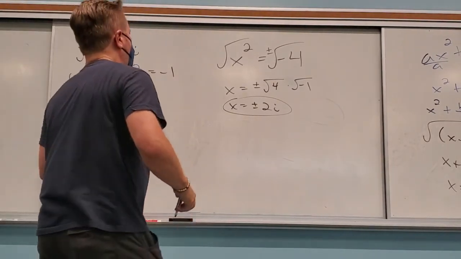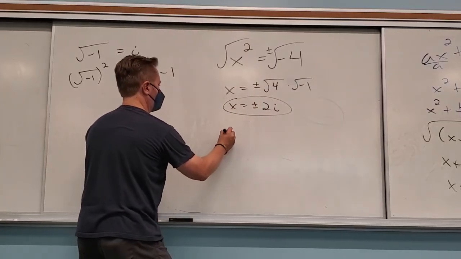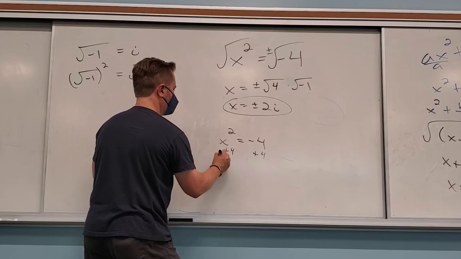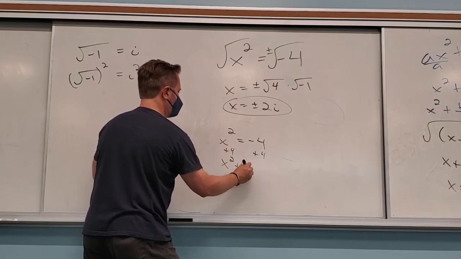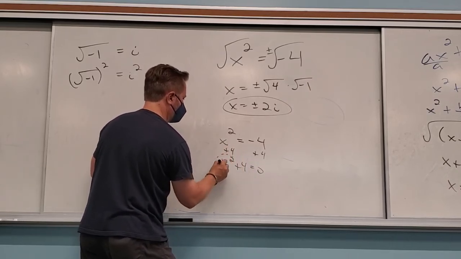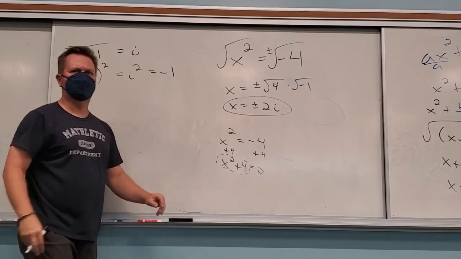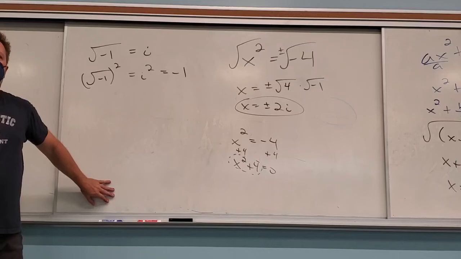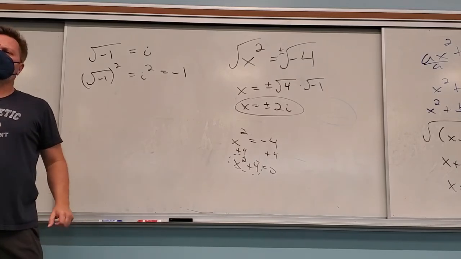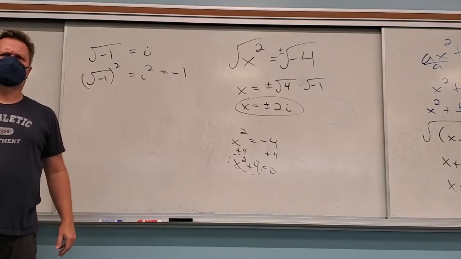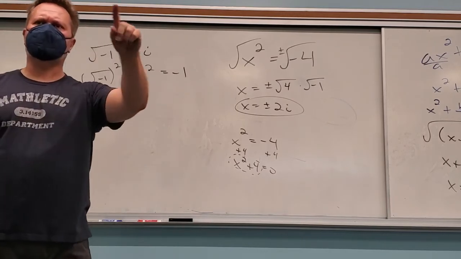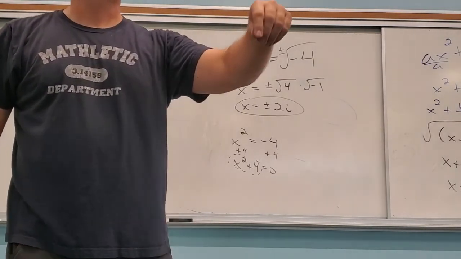Let me start over again here. If I add 4 over, can anyone tell me what that would look like if I graphed it? It's a parabola. Can anyone tell me what the y-intercept would be? When do I get the y-intercept? When x is 0.